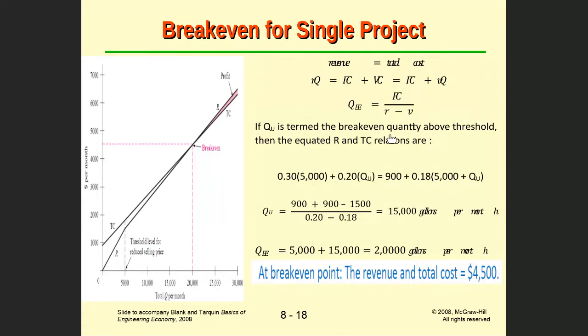So at this point, we can find the revenue or the total cost by having one of those as an unknown and solving the equation for the quantity of the QU.